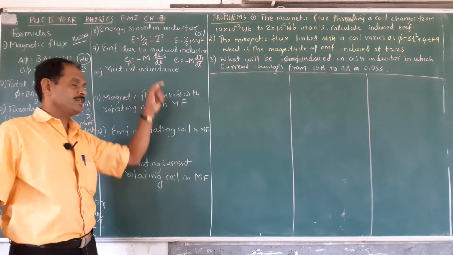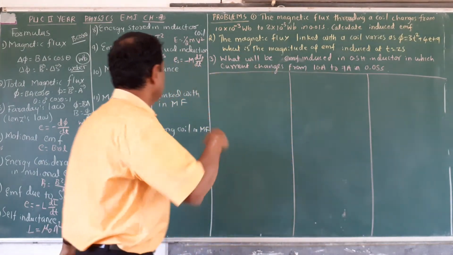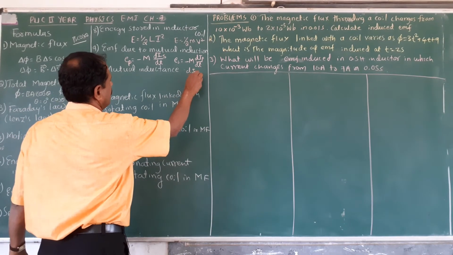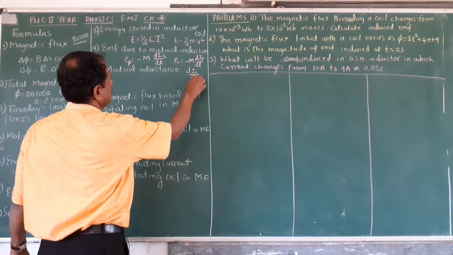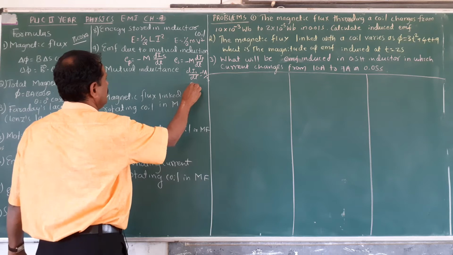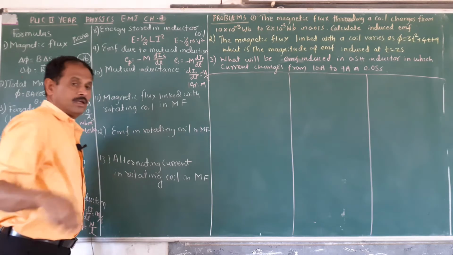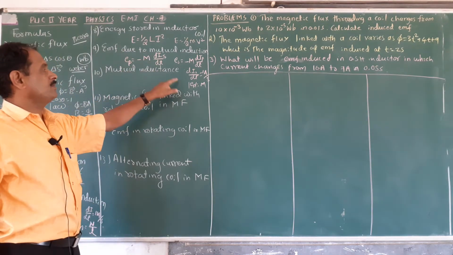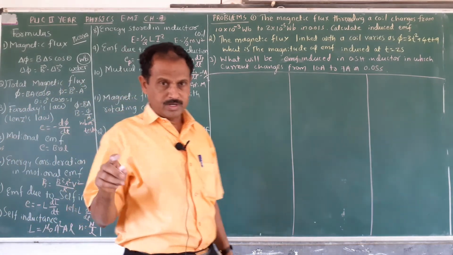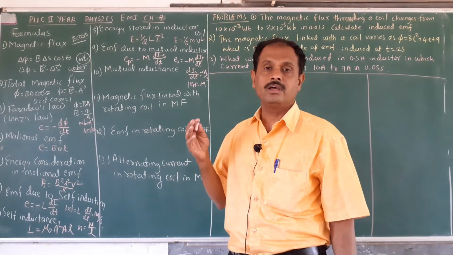What is M? M is essentially mutual inductance. Now I want to define it like this: when dI by dt is equal to 1 ampere per second, then E is equal to M. The mutual inductance of a pair of coils is defined as the EMF induced in one coil due to the unit rate of change of current in the neighboring coil.